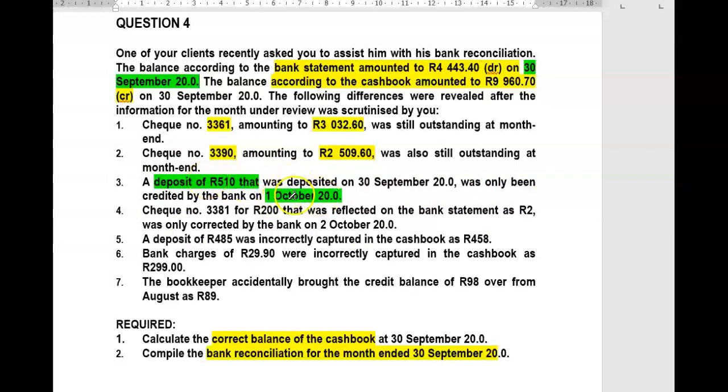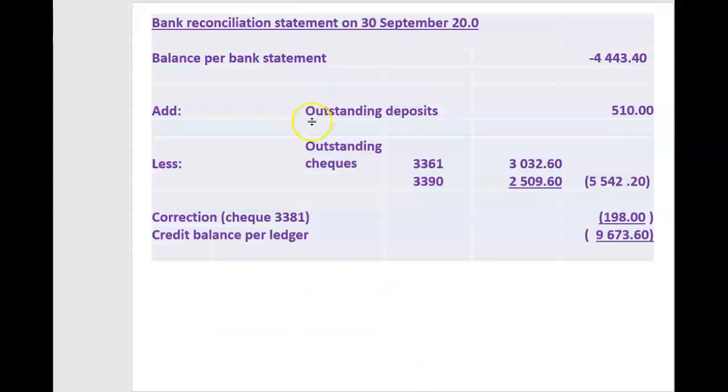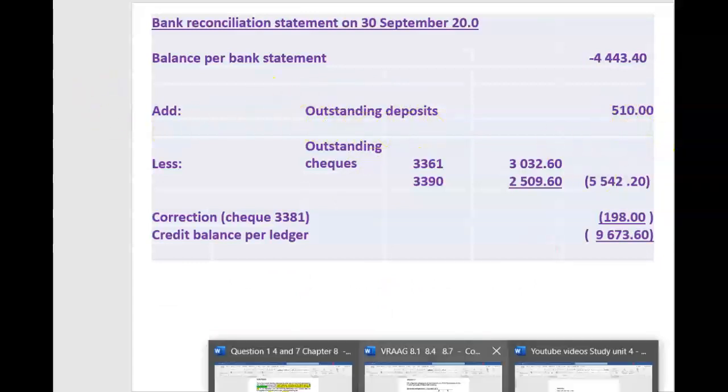The bank just has to reflect that deposit. So what will be the impact on our Absa account balance once the deposit goes through on our bank account? It is going to increase our balance. So add outstanding deposits, 510 Rand.